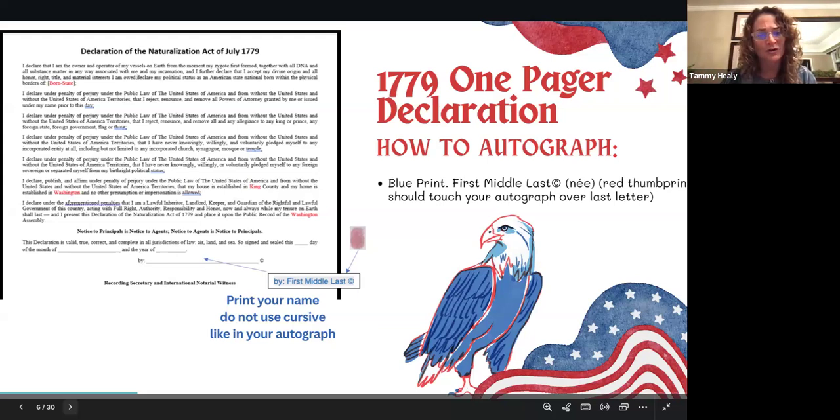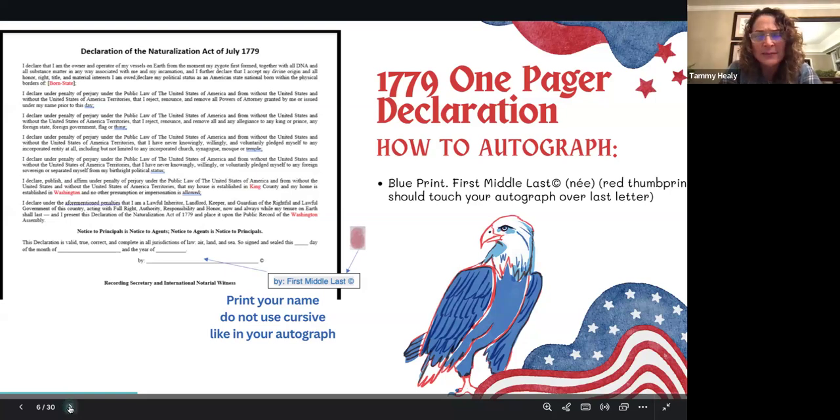So their status correction has to happen in the state in which they're living. So it's a very common mistake, which is why we do these kinds of presentations to try to help with that.